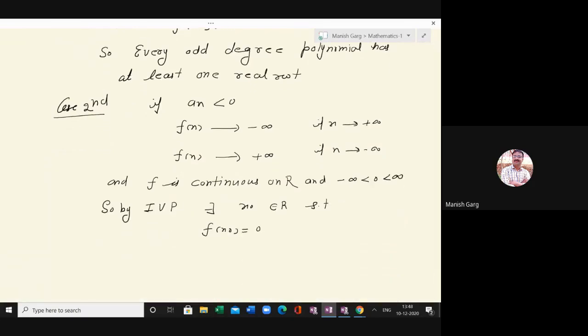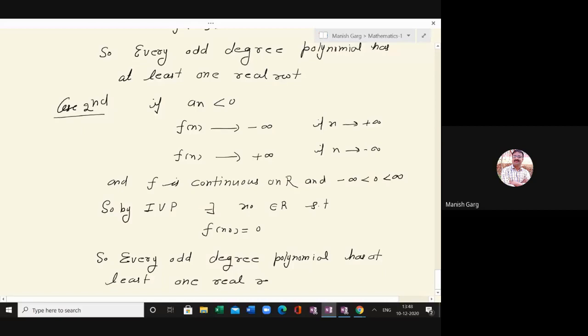So again you can say every odd degree polynomial has at least one real root. If anybody has a doubt, ask me.